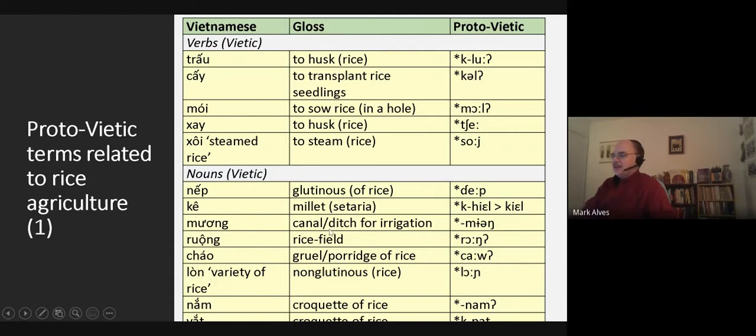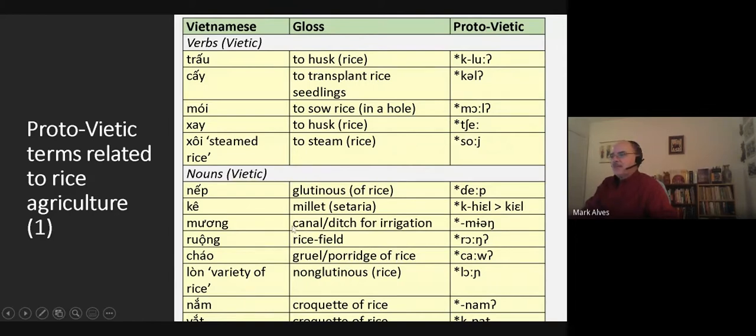And the archaeological record also supports this, and that it wasn't just the Vietic people, it was Austroasiatic people. So if we talk about 4,000 years ago, there was no Vietic, there was just Austroasiatic. But maybe 3,000 years ago, we can talk about Vietic. And these are the kinds of words that they were probably using.